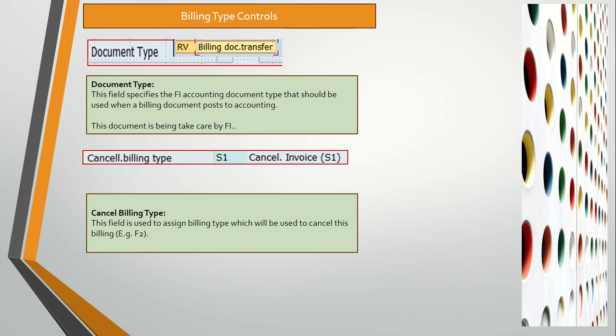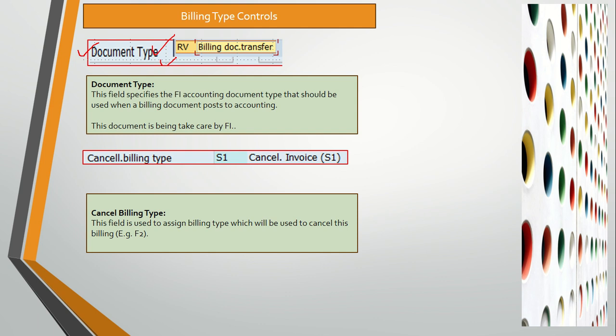Next, another important field in VOFA is document type. Here the document type differs for different billing, like for an invoice this document type will be something different, and again for a pro forma invoice it will be different.